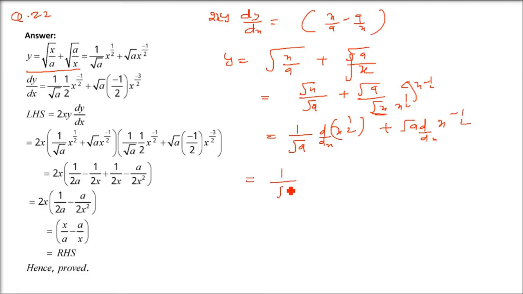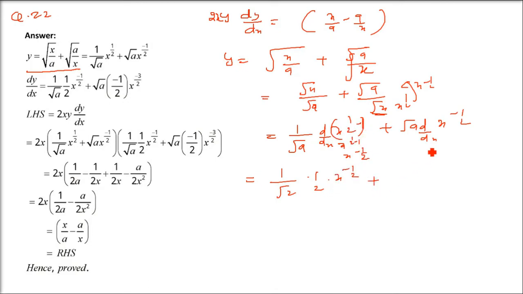This is 1 by root a times 1 by 2 x to the power half minus 1, which is minus half, so x to the power minus half, which goes to the denominator as root x. So 1 by 2 root a root x.